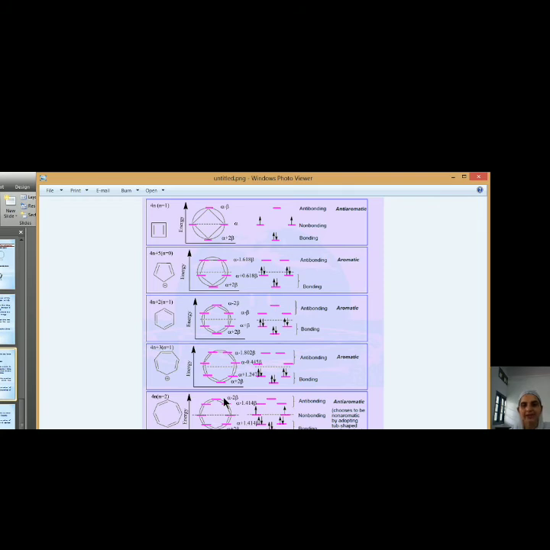If we add this lowest lying MO, 1 MO, to the pair of bonding orbitals, we will get an odd number. We can see this. In this case, we have one bonding orbital, that is odd, and in this case, we have 1 plus 2 bonding orbitals, that comes to be 3, and in this case also we have 3 bonding orbitals.